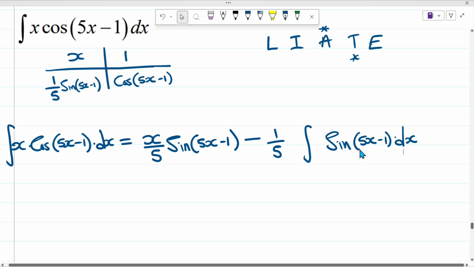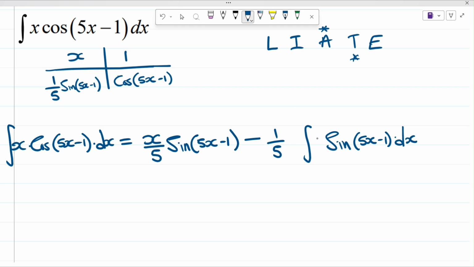For me to be able to integrate this, I need to make sure that I have the derivative of the argument here. So when I differentiate the argument, I know I should have 5 here. So I need to cancel out that 5 by writing another 1 over 5 outside the integral. The 5 and the 5 cancel out, and then I'll be able to integrate that.